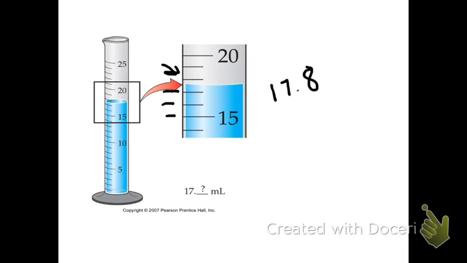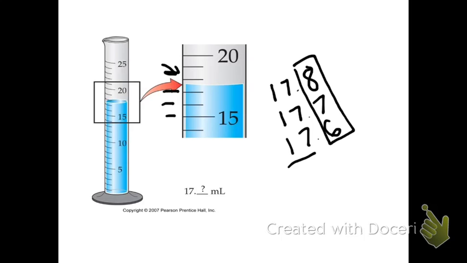Okay. Now, somebody else in the class, and even yourself, might have maybe said 17.7. Some of you might have even said 17.6. But every one of us, no matter what, should agree on the 1 and the 7, or the 17. It is this last column, our estimated column, that's going to be varied, and this is known as our uncertainty.